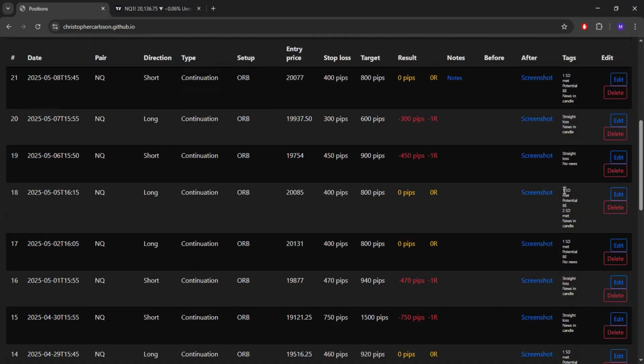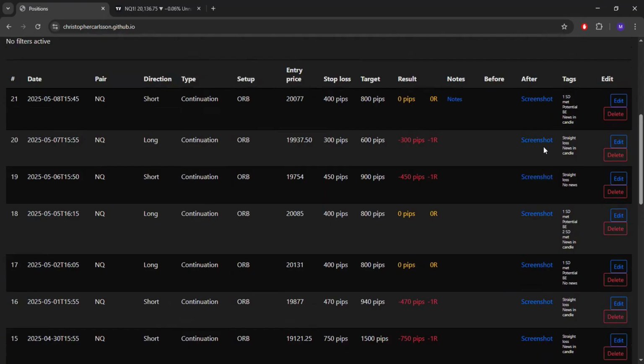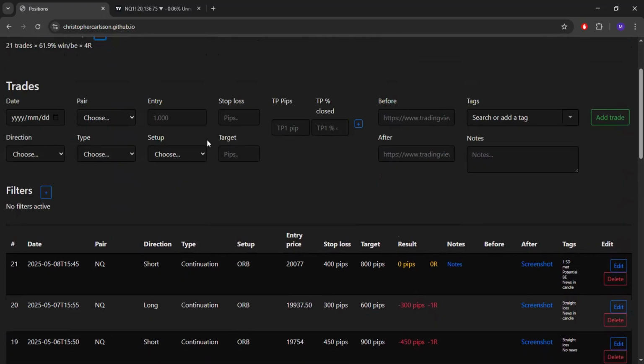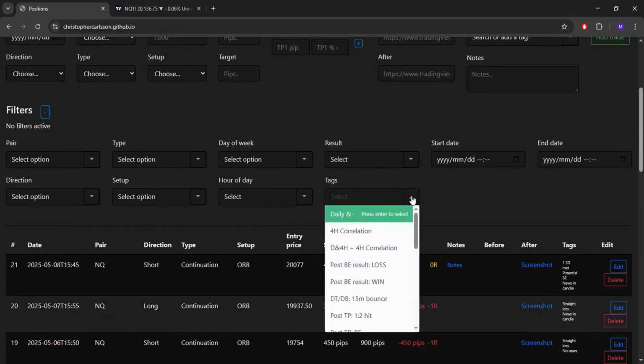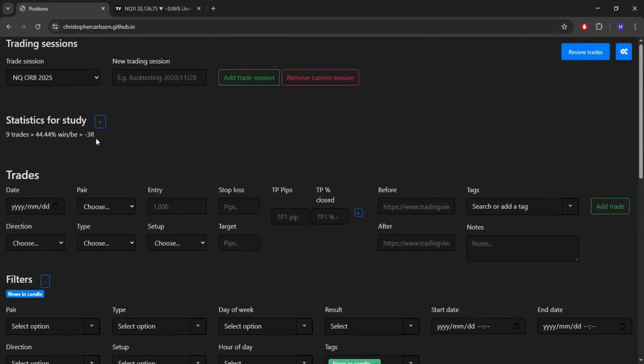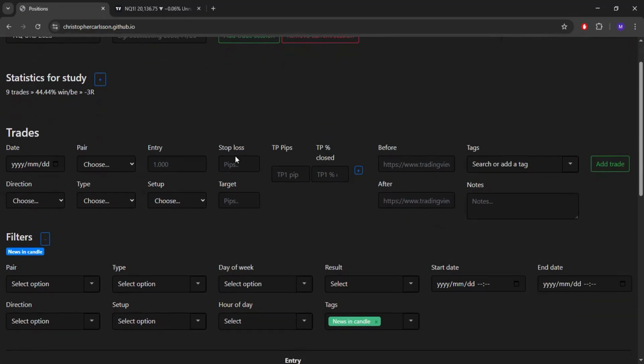Then I started to create this tag of news in candle and no news, basically, right? I wanted to see what the performance over these 21 trades was when there was news in the candle, meaning news after the open, and when there was no news after the open. So let's see. If I filter my tags and go to news in candle, what do we get? -3R, 9 trades. So 9 out of the 21 trades we took, we had a whopping win and break-even rate of 44%, which is not that great on a 1 to 2.